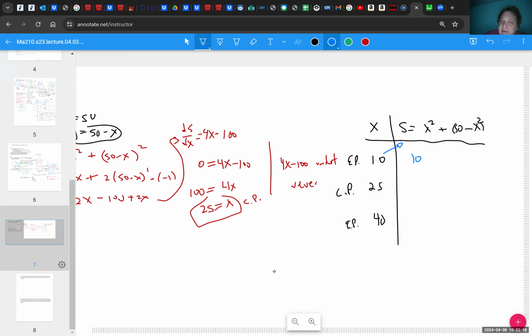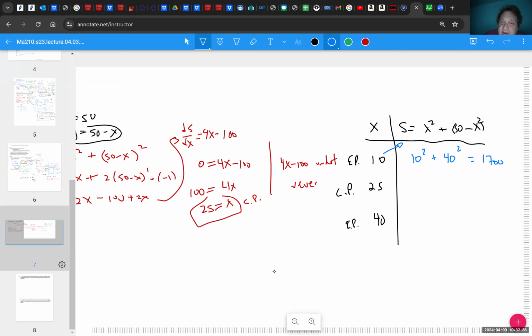I plug in 10, so I get 10 squared plus 50 minus 10, which is 40 squared. 40 squared is 1600, so 1600 plus 100 is 1700 for that one.